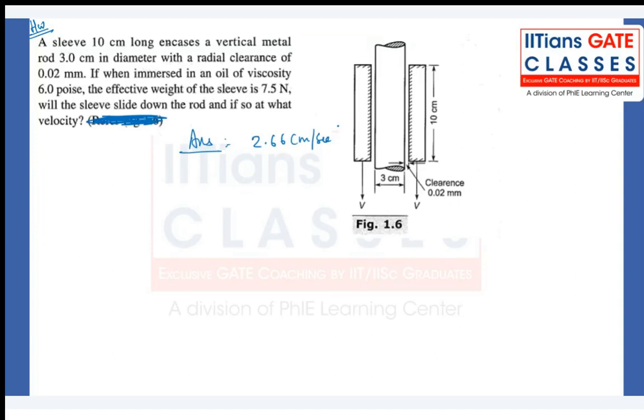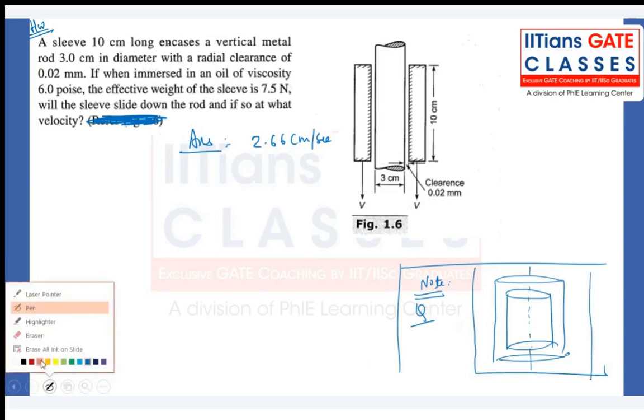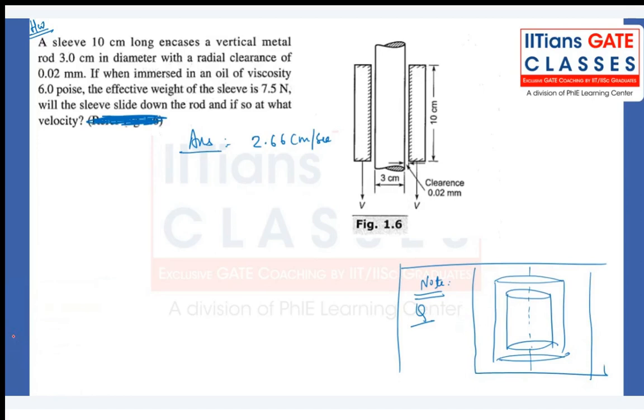Guys, what will be happening if I consider, suppose I will be giving you some hints, not for this question, but I'm asking you one question. For example, there is a fluid, and maybe you can consider both are there in a container like this, concentric cylinders, and maybe you can think there is a liquid over here, and then this is rotating in one direction and this is rotating in another direction.